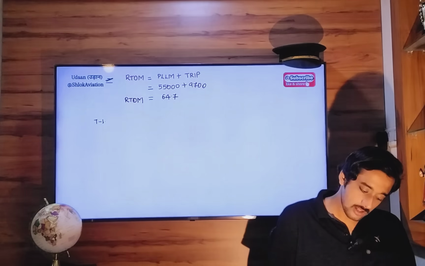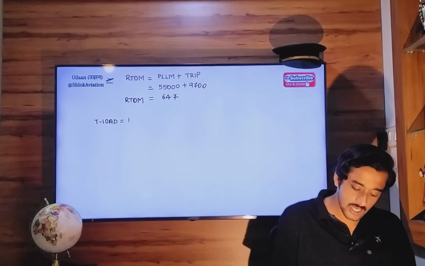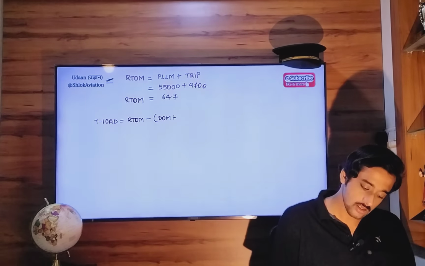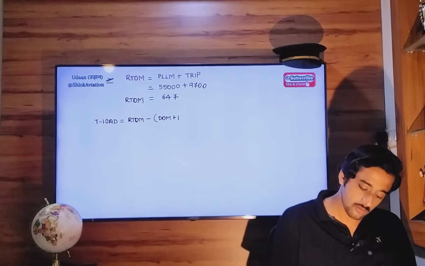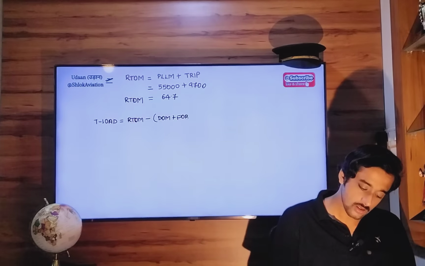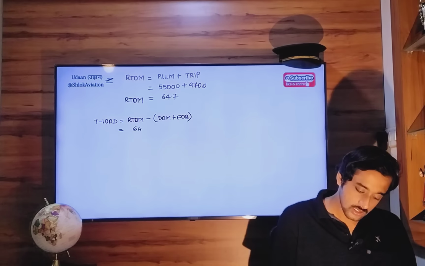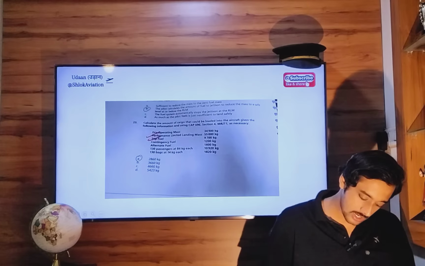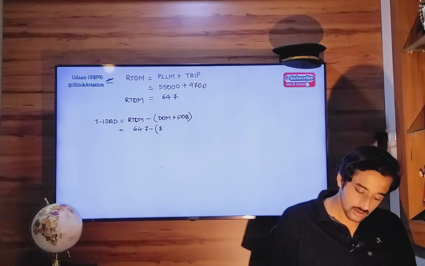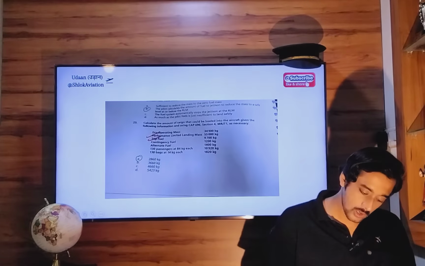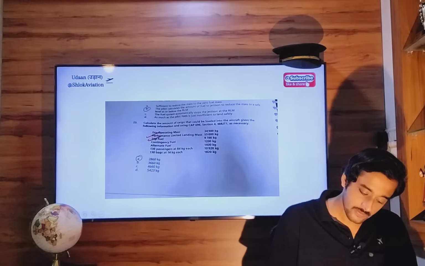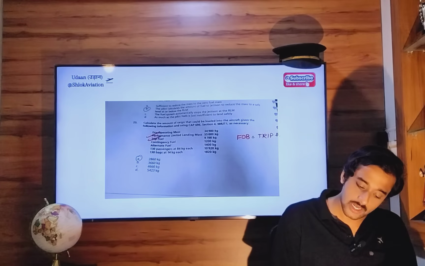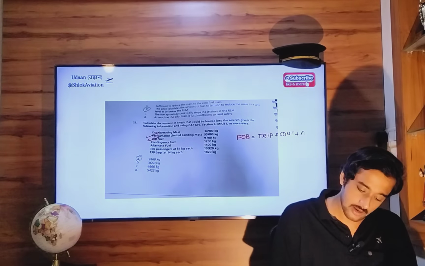Traffic load will be equal to regulated takeoff mass minus DOM plus fuel on board. 64.7 minus DOM 34.9 plus fuel on board. Now what is the fuel on board or takeoff fuel? It's trip fuel plus contingency fuel plus alternate fuel, right?